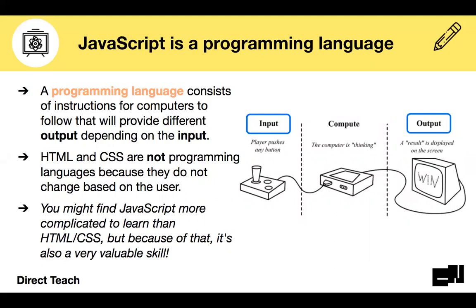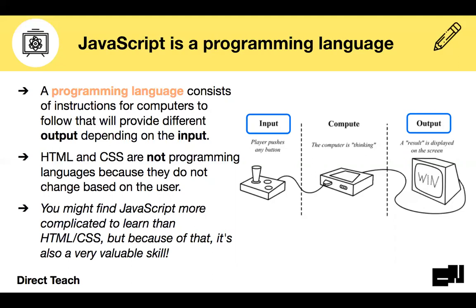Then after it processes what you've done, what you get is an output. The output is what you see on your screen. So if your input was, say, pressing A, the computer computes that. It's like, okay, A in this game is supposed to mean that the user kicks, or jumps, or grabs something. Then the output is that thing actually happening on the screen.